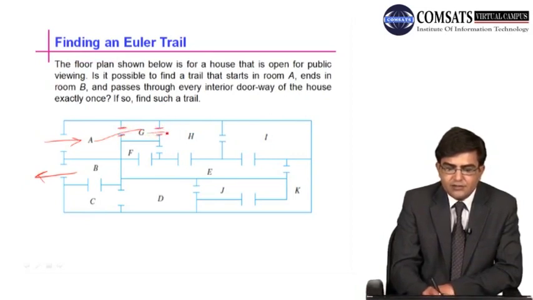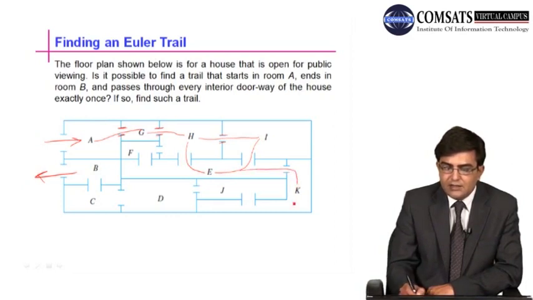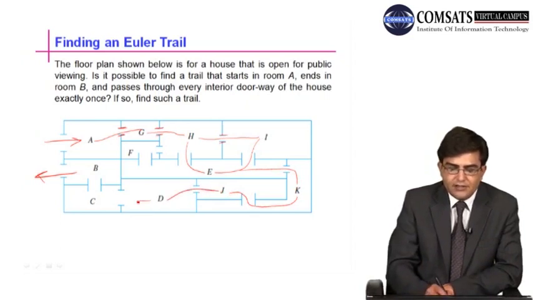He can go from G to H, he can go from H to I because there is a door here, he can go from H to E, he can go from I to E, and he can go from E to K, there is a door here, he can go from K to J, from J to D, from D to C, and B to C, and from B he can go out.